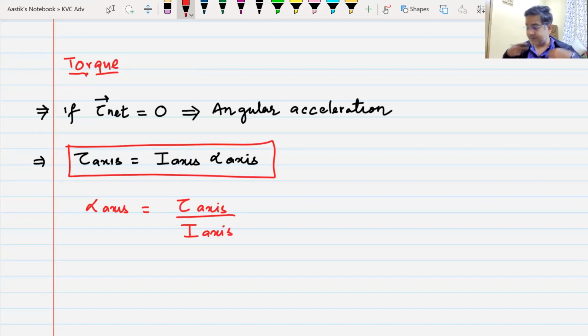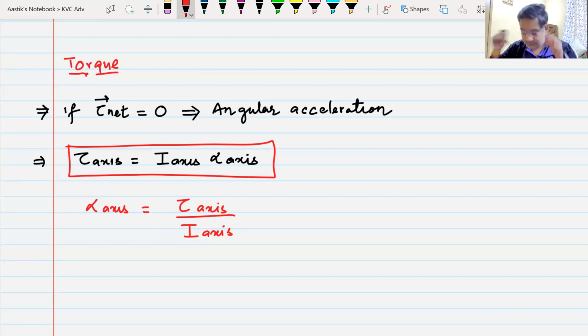Do we understand this? Yes, sir. If there is torque, you can find out the angular acceleration, and once you get angular acceleration, you should be able to do the rest of the things correctly. Okay?